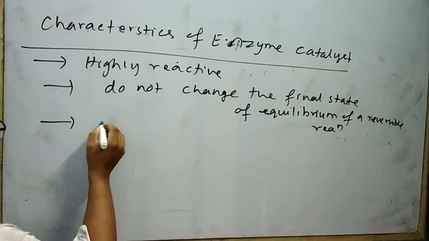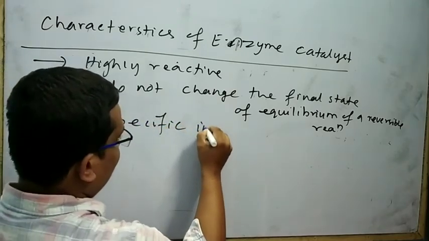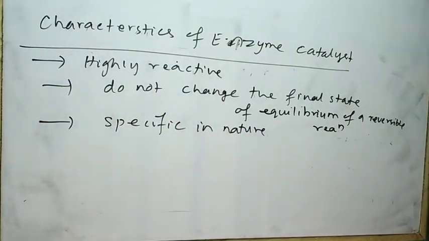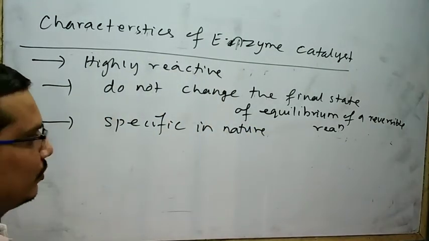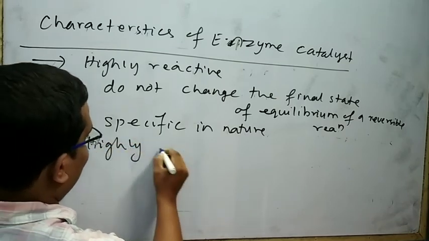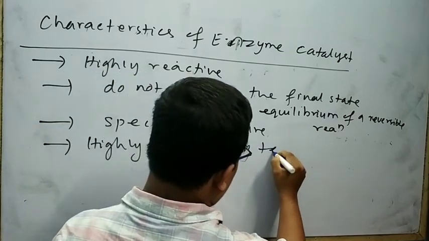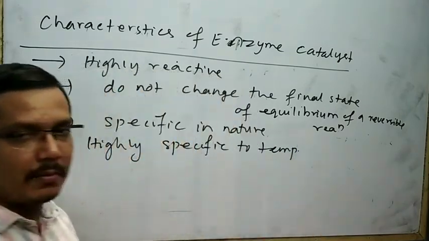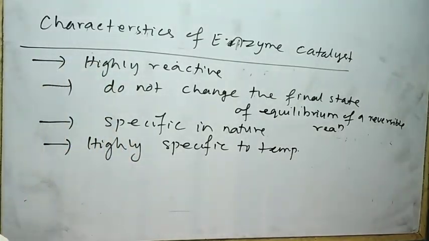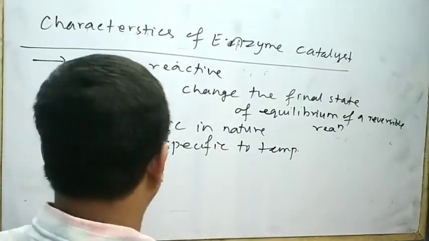Third point is they are specific in nature. That means for a particular reaction, a particular enzyme catalyst is used. They are highly specific to temperature. That means for a particular temperature, it gives its maximum efficiency. That temperature is called optimum temperature.